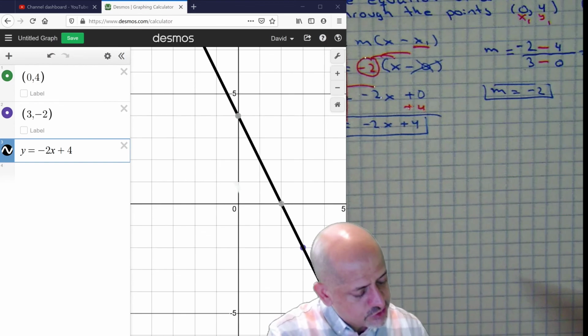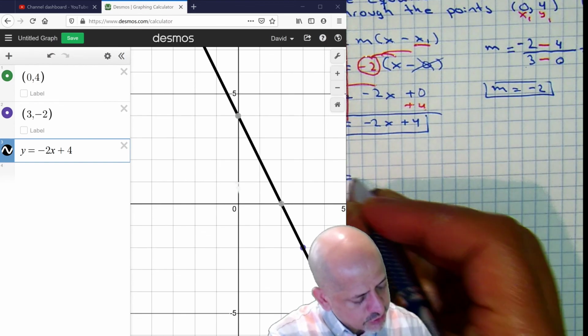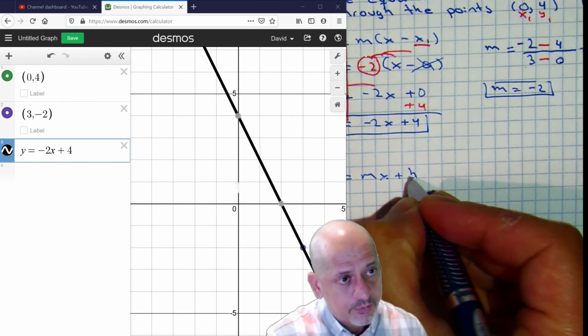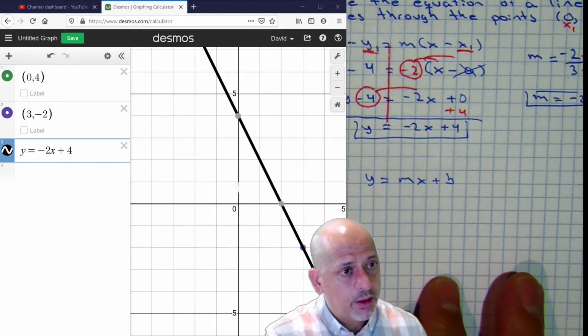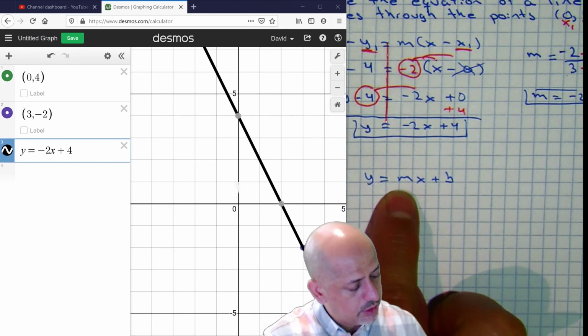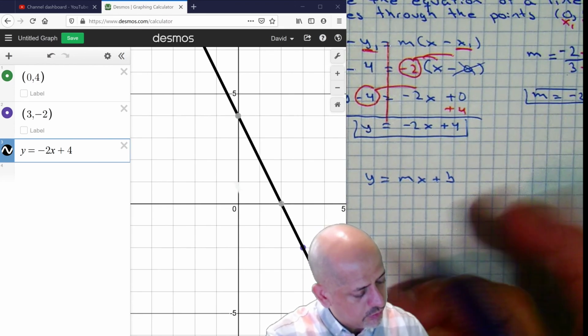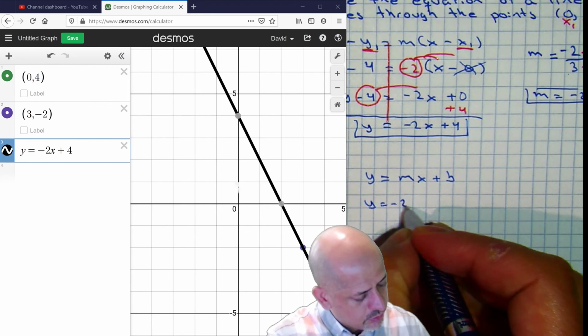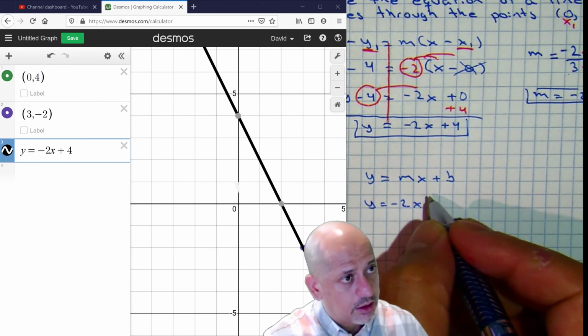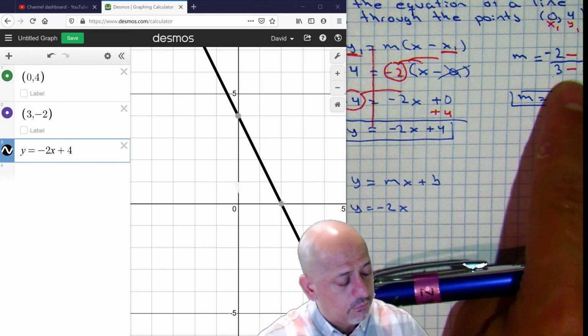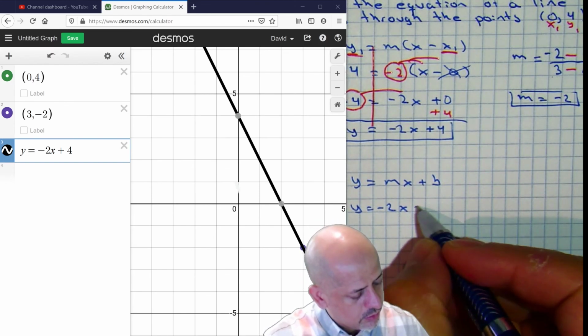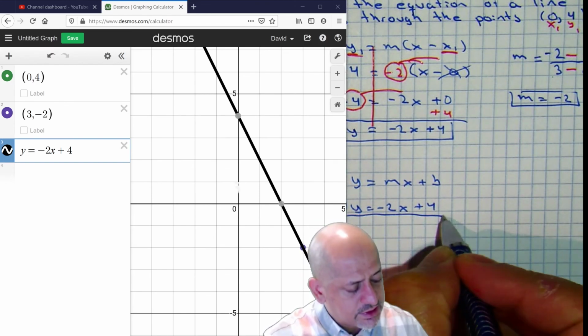So what if I just use this equation, y equals mx plus b? And I'm going to plug in my slope, which we found, and my b, which is 4. Correct. You get the same answer.